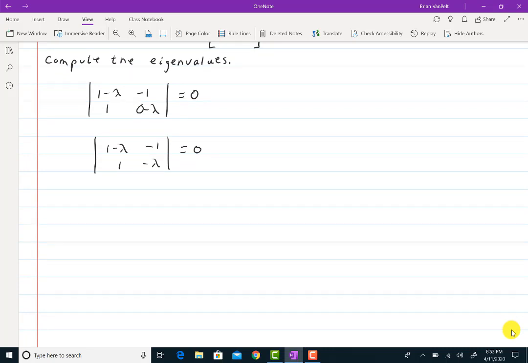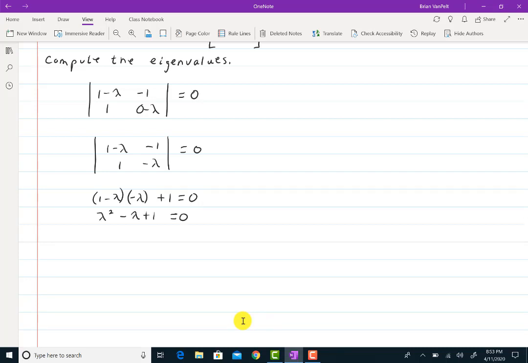And then when I do the determinant of this, remember to go main diagonal first, 1 minus lambda times negative lambda, and then minus this direction, so that'll be plus 1. Now let me multiply this all out.